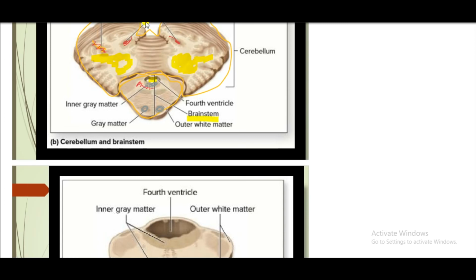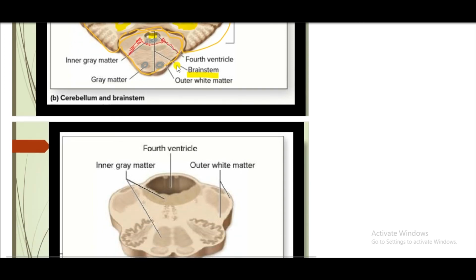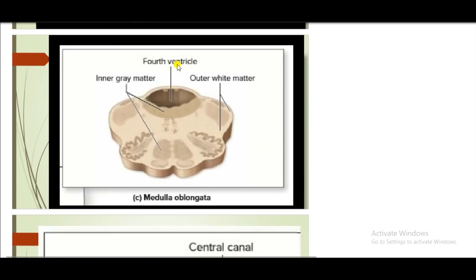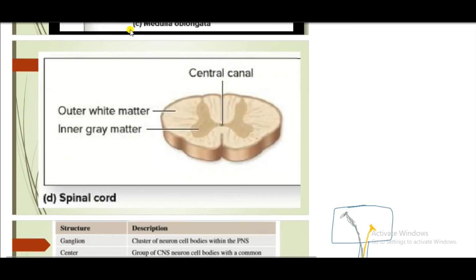You can see the white matter, thus white matter is located in the midbrain, and this is our medulla oblongata, the section of the medulla oblongata, and the medulla also has the fourth ventricle, the inferior portion of the fourth ventricle. You can see the inner gray matter and the outer white matter. In this section the white matter is going to be outside, it's not inside.